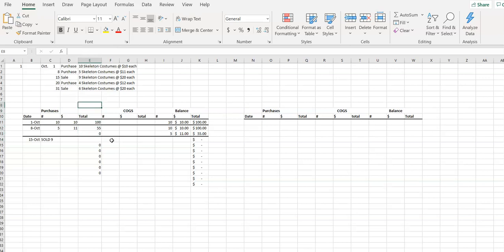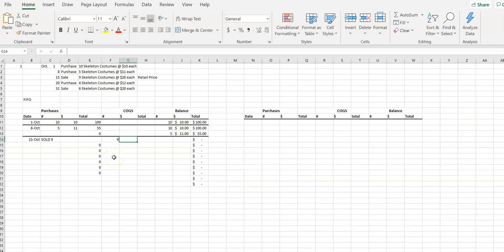Now, remember, this one is going to be FIFO, so this is first in, first out. And this $20, this is the retail price, that's what I actually sold it for. Down here, we're just looking at the cost of everything. Okay, so if it's first in, first out, I'm going to pull the 9 out of this 10 that I first had.